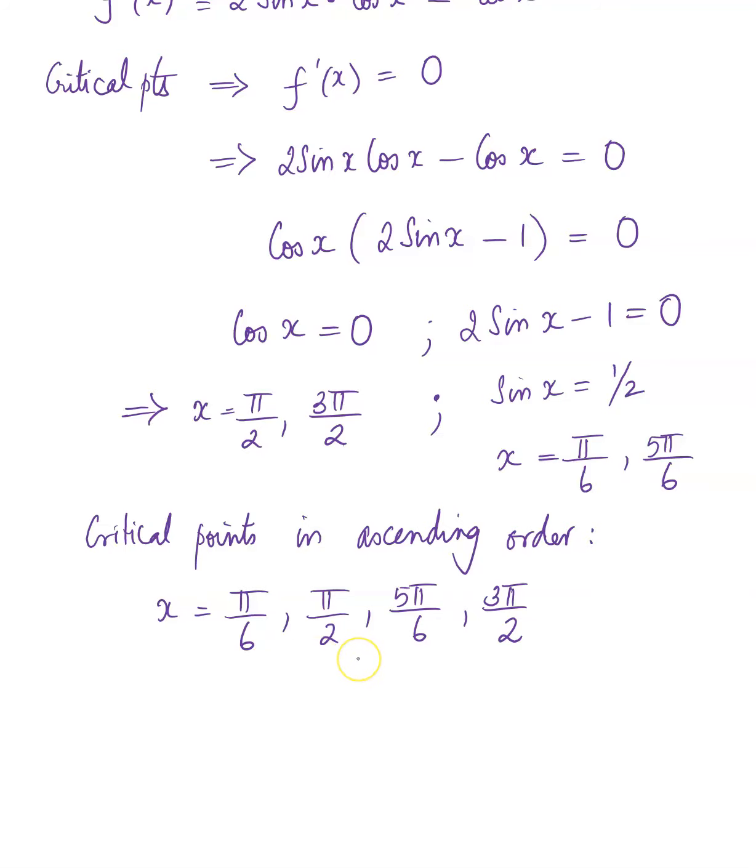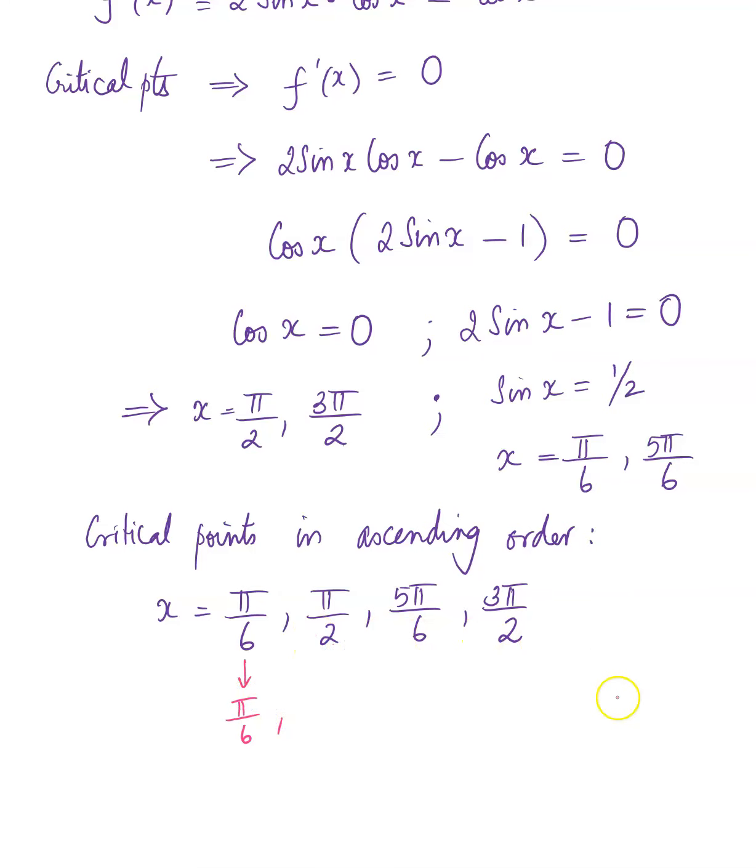Putting them in order is really important because we want to make sure that we are arranging them in the correct way on the number line. Again, if you're in doubt, use your unit circle to do this, or you can use algebra where you adjust all the denominators to be the same. So if you multiply up and down by 3, just to help you out here, pi over 6.